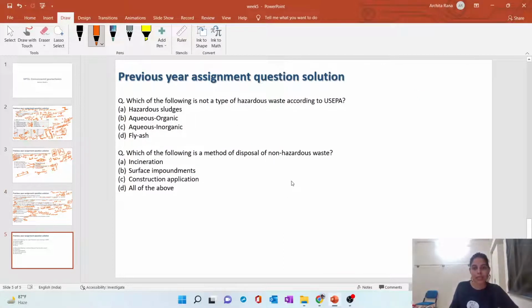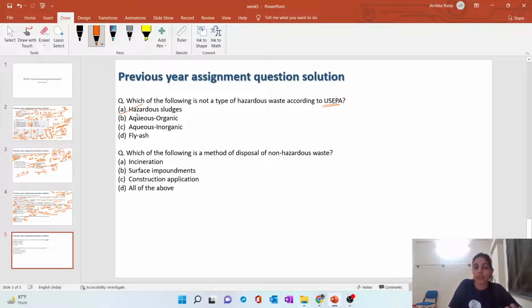Now, there are four types of hazardous waste that the US EPA defines, and we have to find which of them is the type. According to the US EPA, the four wastes are: hazardous sludge.